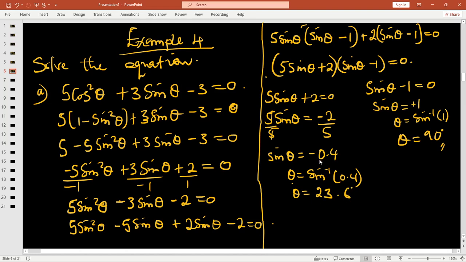So now, since this is negative, these are not the solutions that we're looking for. The sine function is negative in the third quadrant and the fourth quadrant.